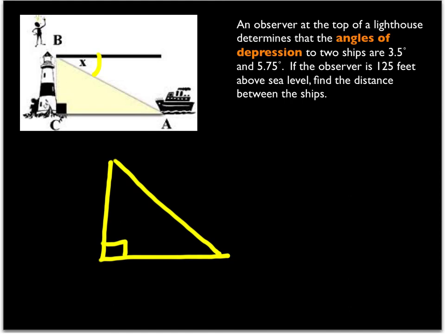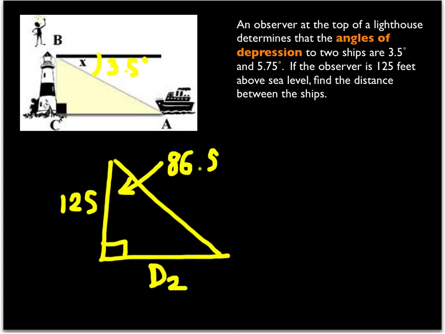So we're looking at this other triangle now. Again, this was the 3.5 degree angle of depression, meaning that the angle we're really interested in to draw this triangle is going to be 86.5. Those two have to add up to 90. We still have our lighthouse at 125, and this time I'm going to call this D2.